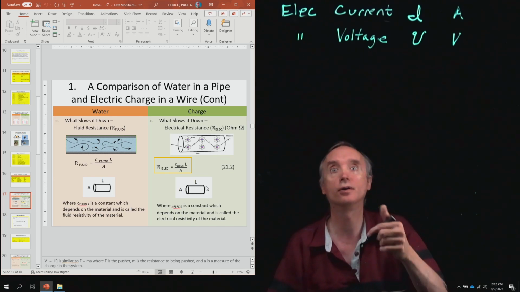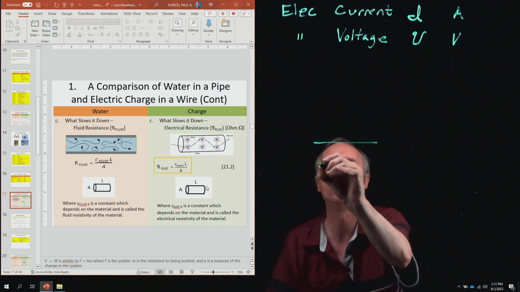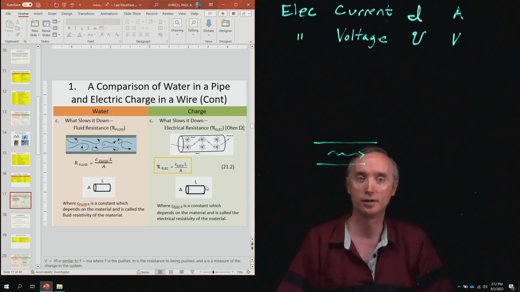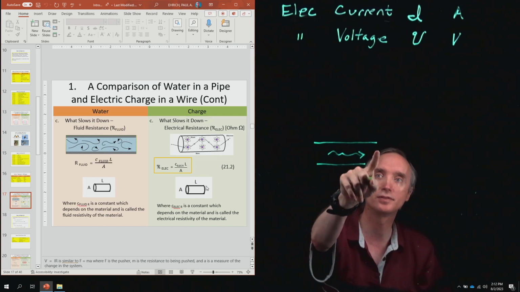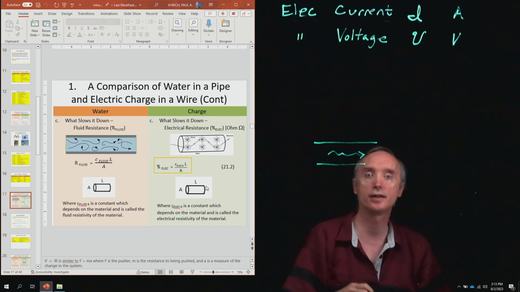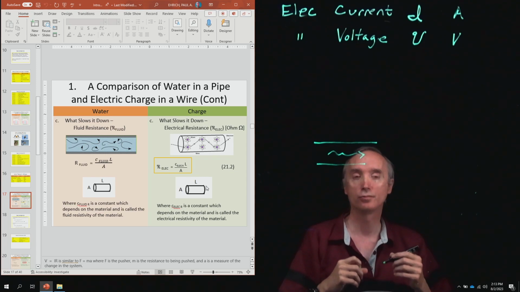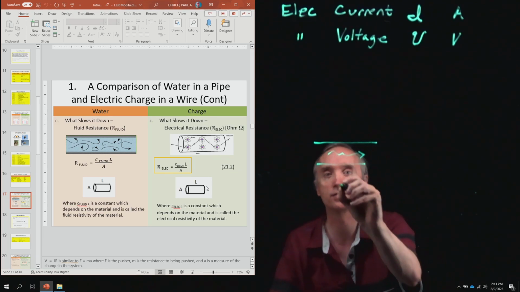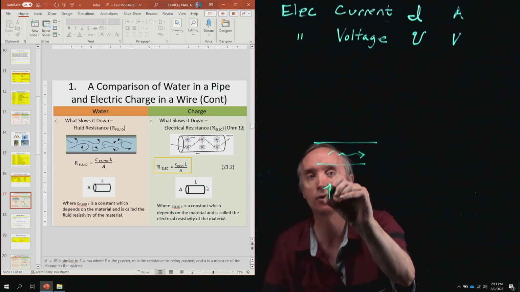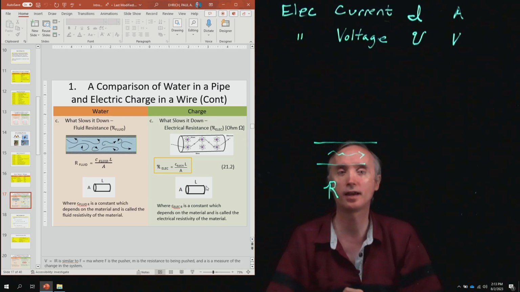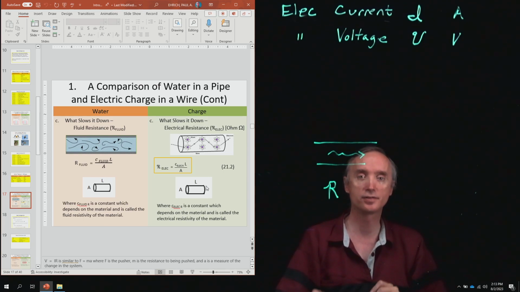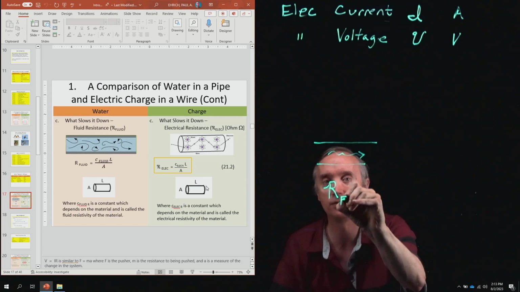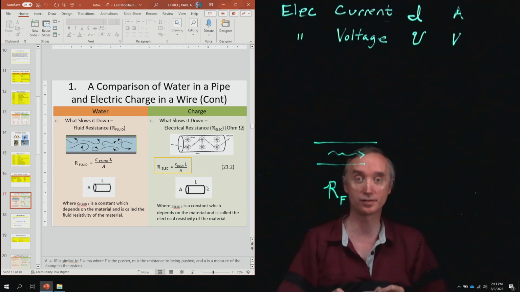So over here, we're going to have the flow of water, or it could be any kind of substance, in a pipe, and it turns out that the resistance to the flow of that liquid is going to be given by a cursive capital R. So this is going to be resistance. And we could put an F here to indicate that this would be fluid resistance.